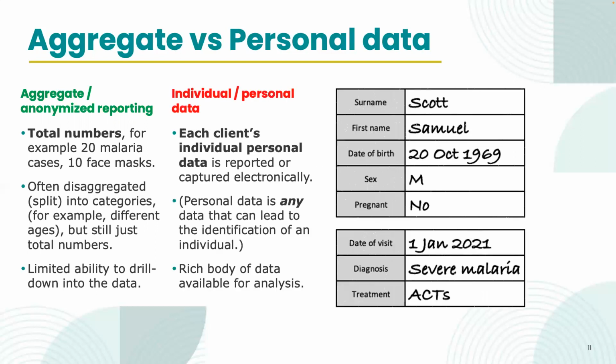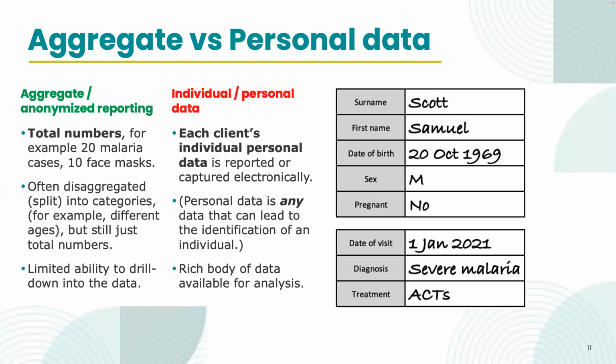Whereas with individual personal data, each client's individual data is reported upwards or captured in the system. It's important to note that personal data can mean any data that identifies an individual. Even if you remove the name, this is still likely to be personal data, as there'll probably be other information in there that you can see, like the date of birth, or perhaps the date of their visit to a facility.